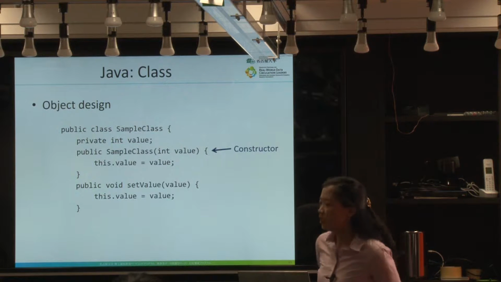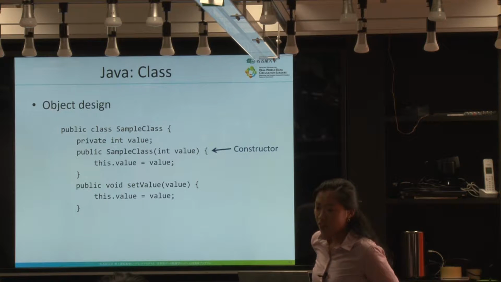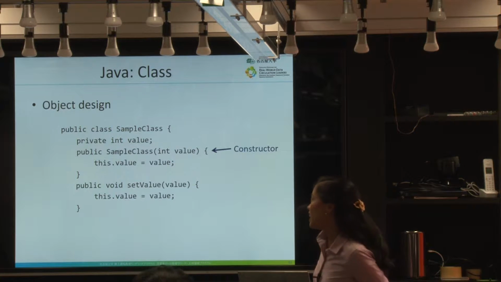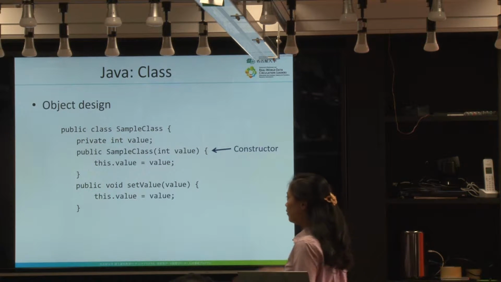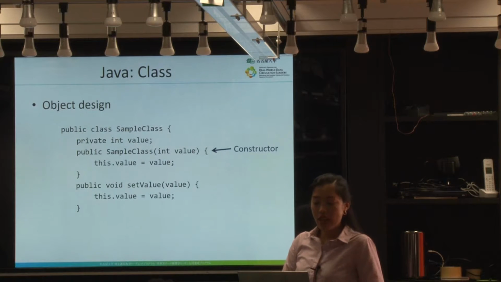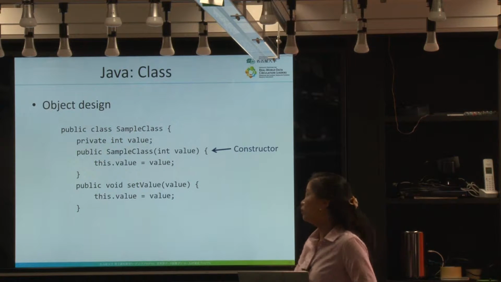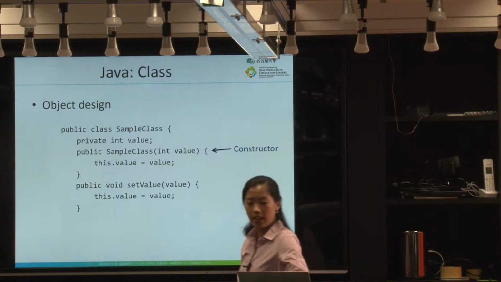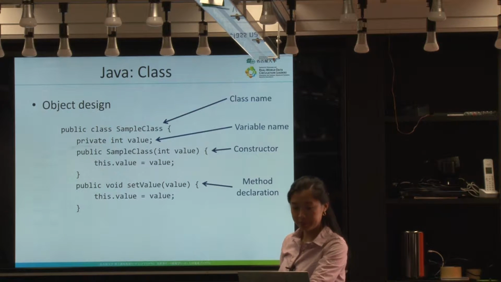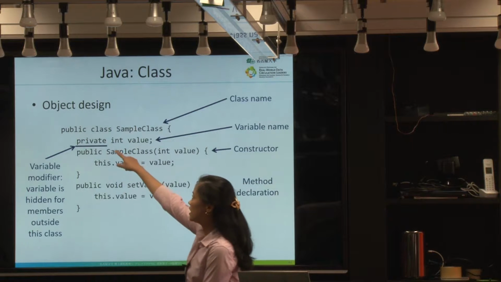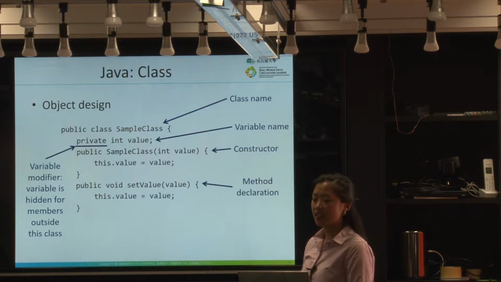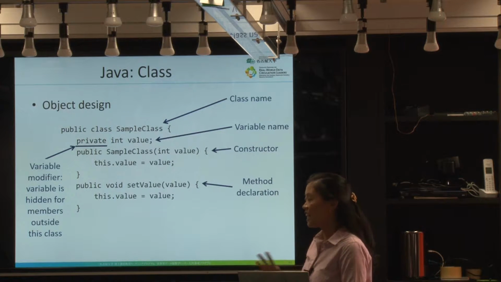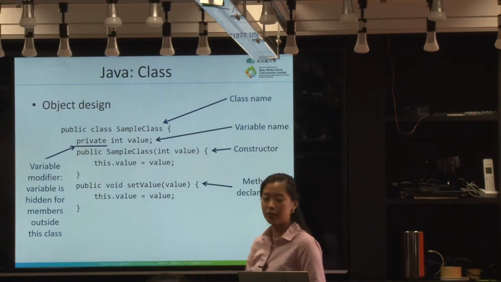So this is an example of a particular class. It's a Java program named sample class, and it has a method called setValue, and it also has a variable named value. As you can see, its modifier is set to private, meaning that members of other classes are not able to view the said variable.